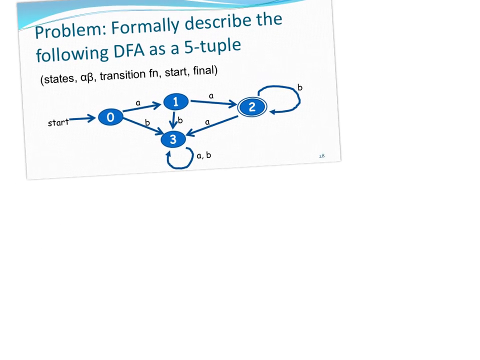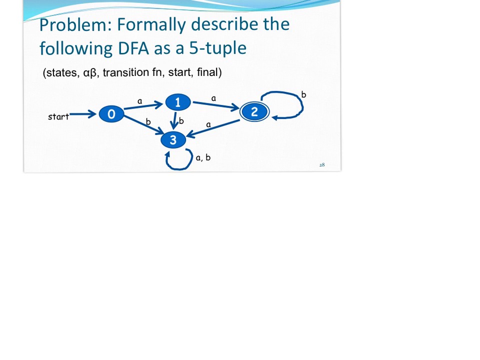All right, so we're going to make a 5-tuple. A 5-tuple starts with parentheses, and we start with the states, which is a set, and in this case, I have the states 0, 1, 2, and 3, and I can put them in any order, right, because this is a set. So notice I started with the open parenthesis because I have a 5-tuple. The first element of my 5-tuple is the set of states. Okay, let's do a comma to show that we're going to the second element of my 5-tuple now.